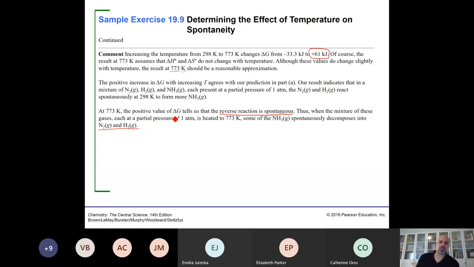And this is the part that you need to take into consideration, where all of these numbers, the delta H, the delta S and delta G, are all assuming a standard pressure. Standard pressure is 1 atmosphere.